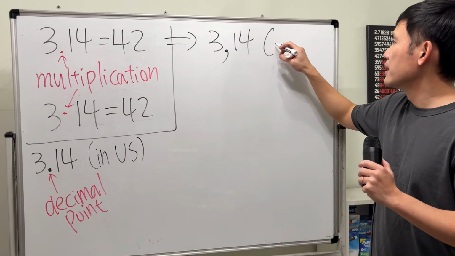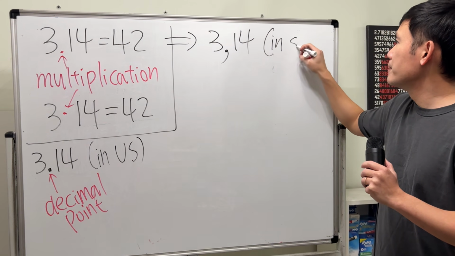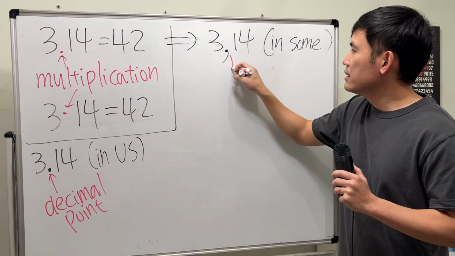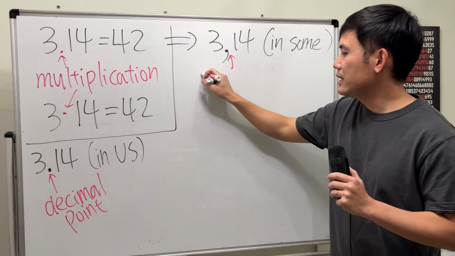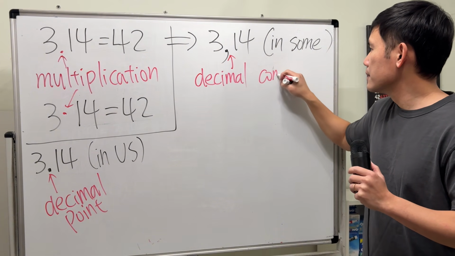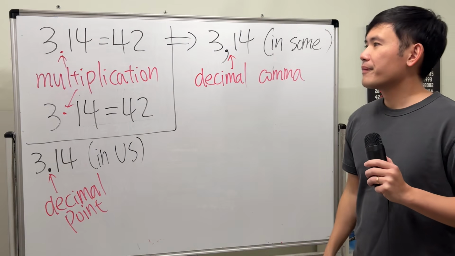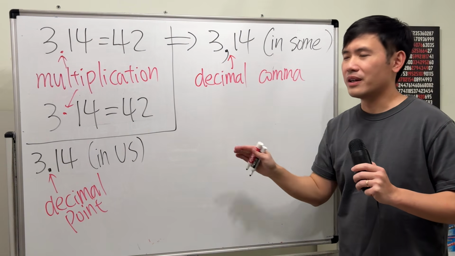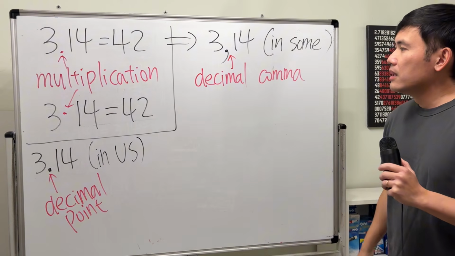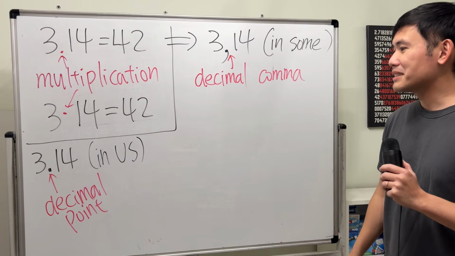I'll just say in some other countries, this little comma is the decimal comma. I think that's the name for it. I think in the UK they use comma for the separation of the whole number part and also the fractional part, for example. Okay, so that's that.